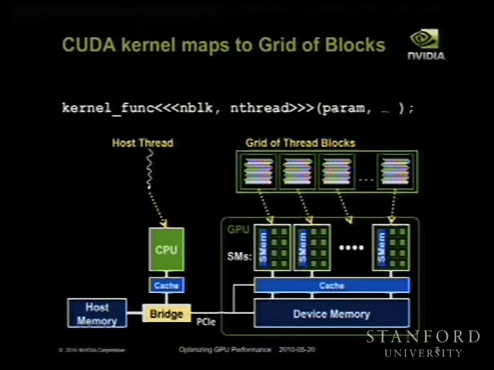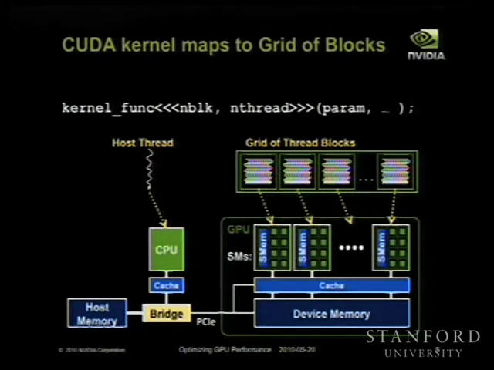Now an SM can execute more than one thread block. It depends upon how many resources the thread block demands. If it uses a lot of registers and a lot of shared memory, then only one thread block might fit. And if it uses just a few registers and a few bytes of shared memory, then it might fit several thread blocks on a given SM.